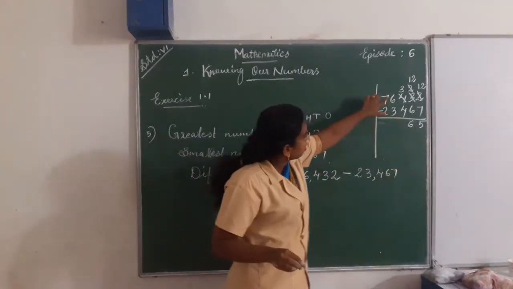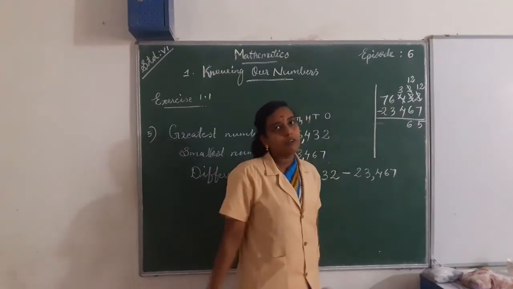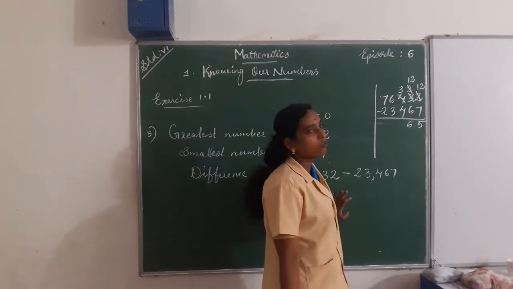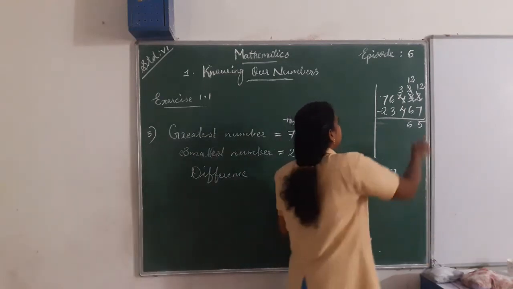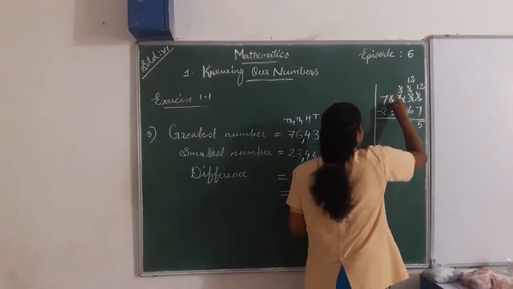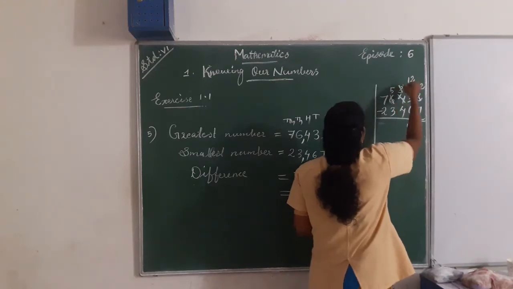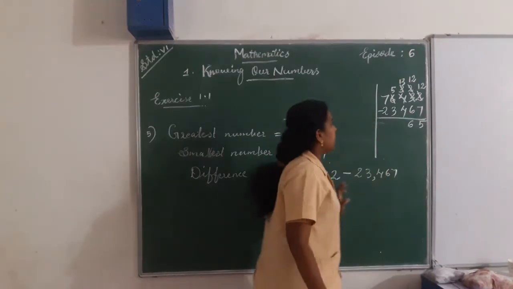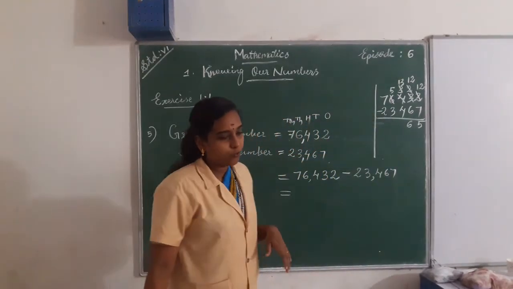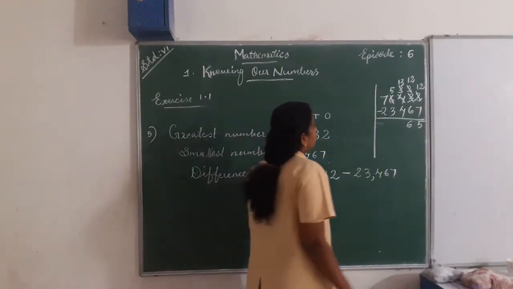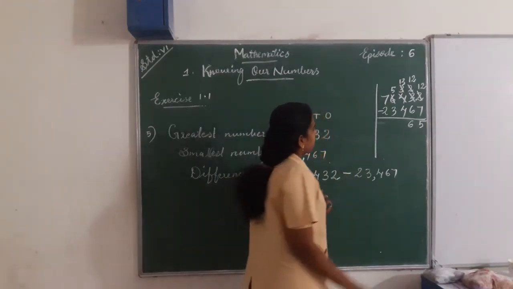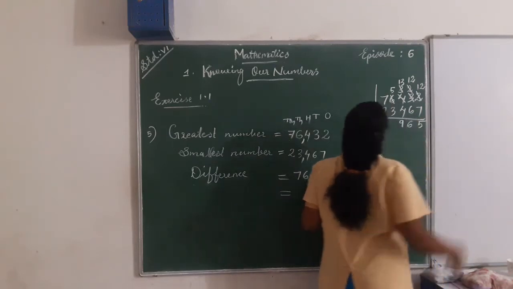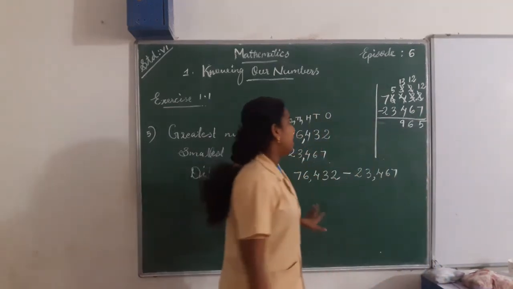And here the digits are 3 and 4. 3 minus 4. We cannot subtract 4 from 3, so we borrow. Here 6 becomes 5 and the 1 makes it 13. So 13 minus 4 is 9.